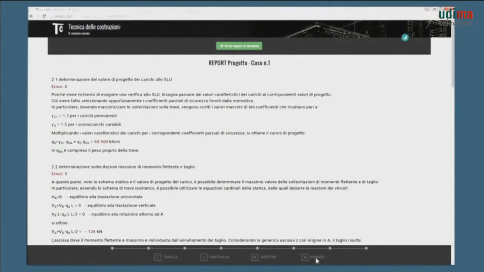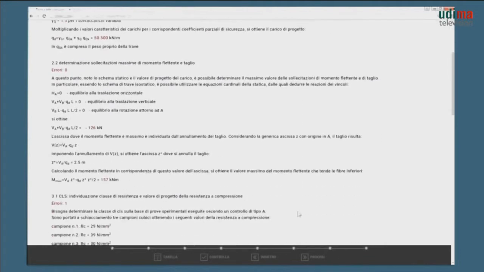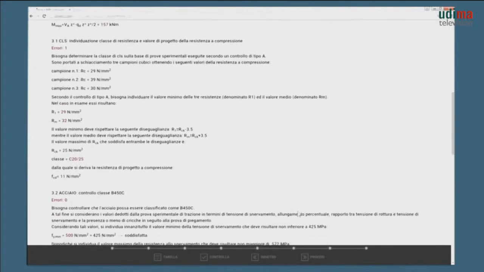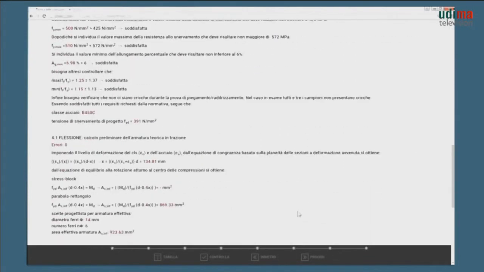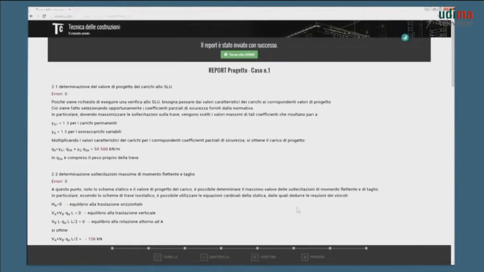At this point, the student has finished the path and can send a report of the work done to the teacher by email. The automatically generated report contains all the choices made, the outcome of the controls during the different stages, and the subsequent changes and attempts in the case of a negative outcome.